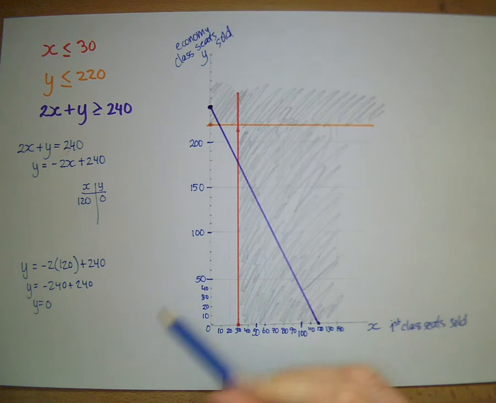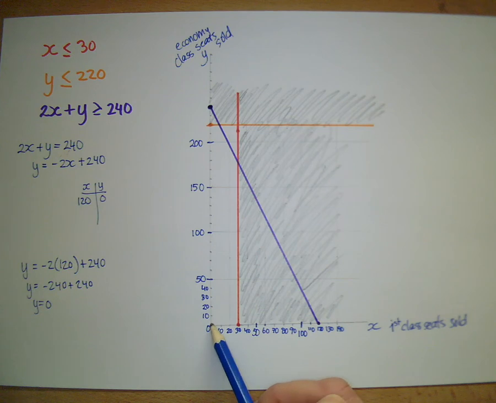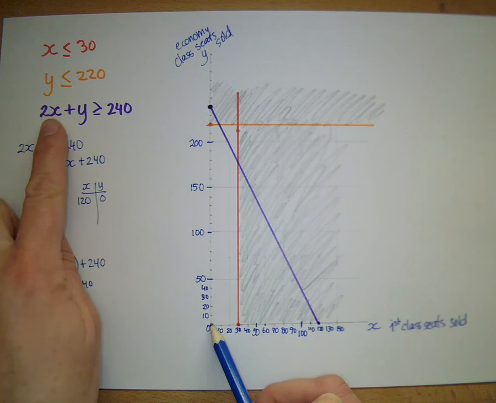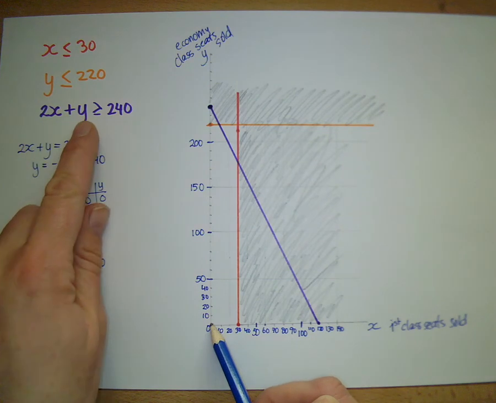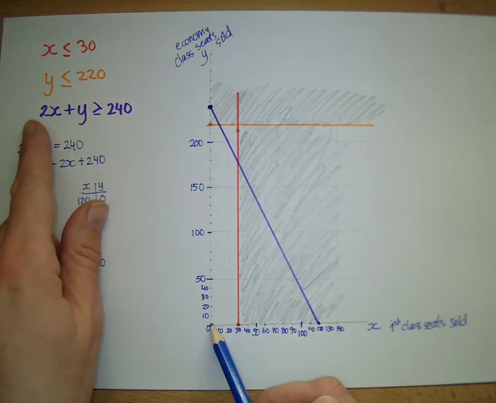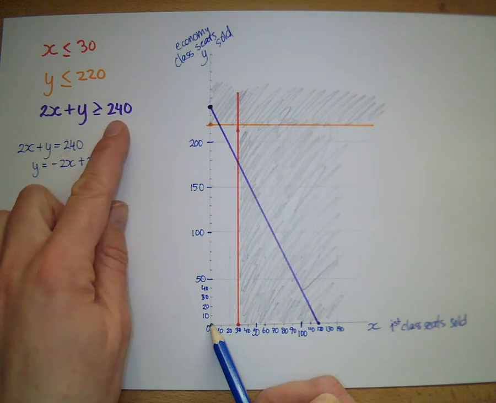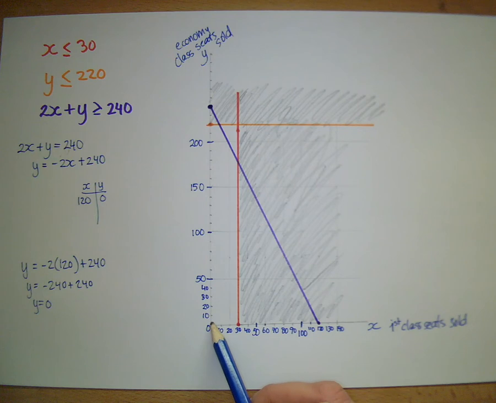We can plug in a random point. I like to plug in 0, 0, and see if that is true in the inequality. So 2 times 0 is 0, plus 0 is 0. So 0 is greater than 240. That's not true. So this point, 0, 0, is not included.